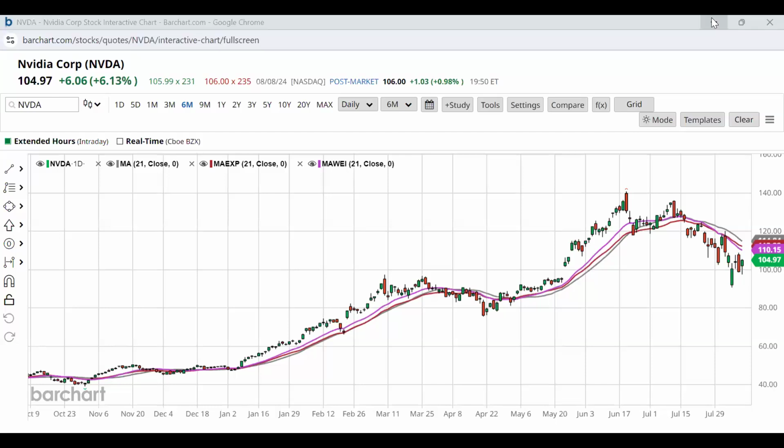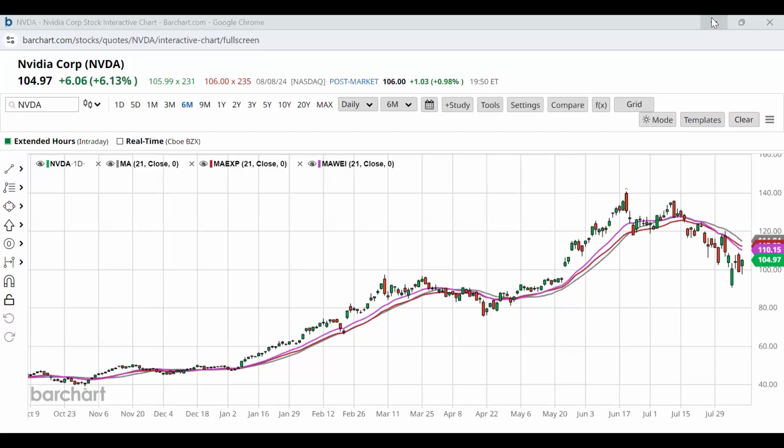As you can see, for the NVIDIA stock, I had taken a simple moving average of 21 days, an exponential moving average of 21 days, and a weighted moving average of 21 days. I had taken three moving averages.